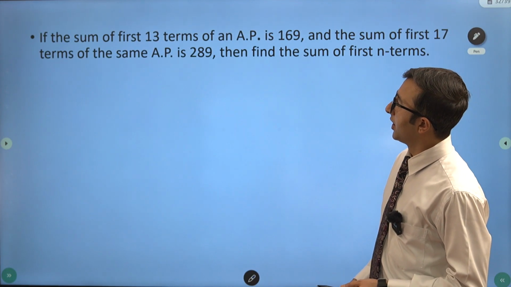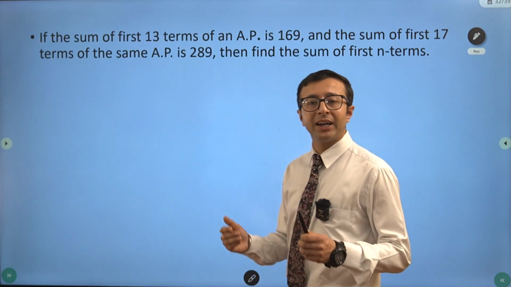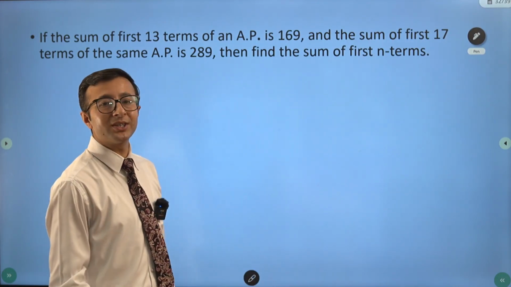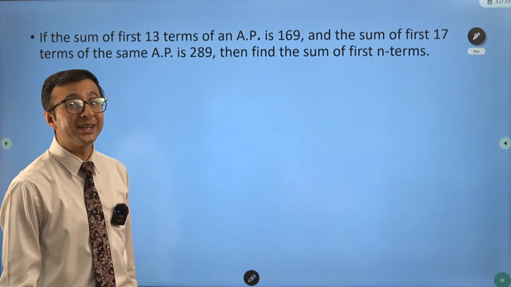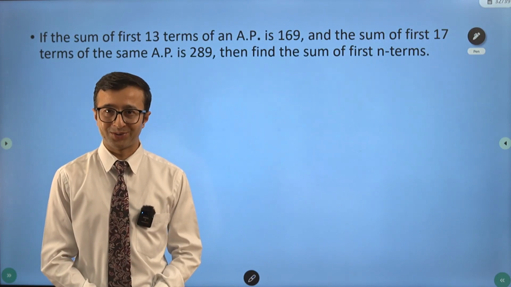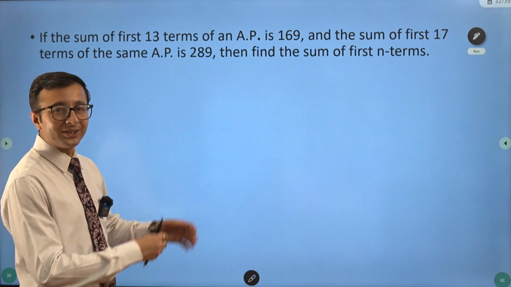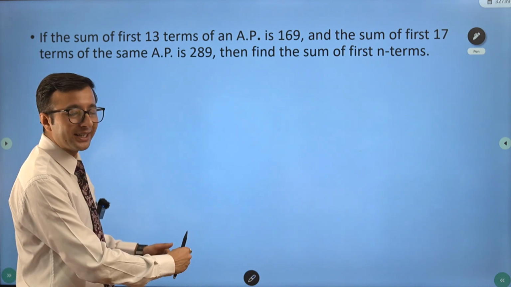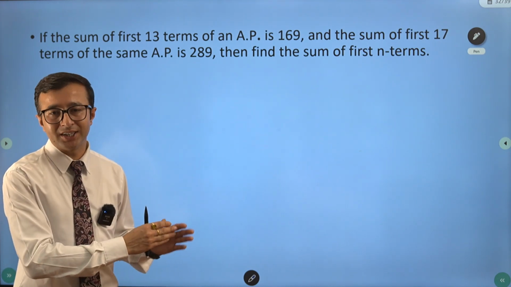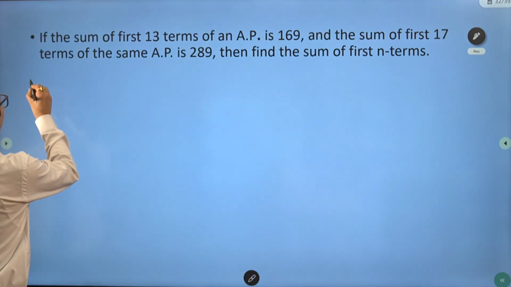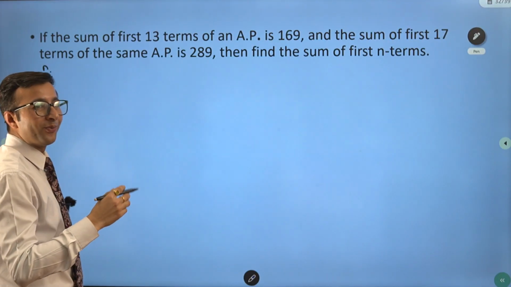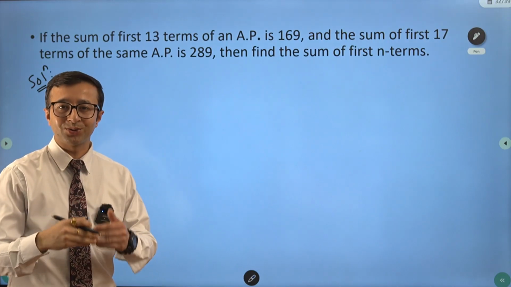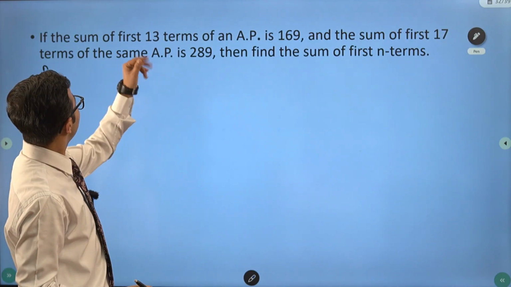So next question: if the sum of the first 13 terms of an AP is 169 and the sum of the first 17 terms of an AP is 289, then what will be the sum of its first n terms? Once we get to the end, this is a very interesting sequence. But before we reach the interesting one, we will first understand how to solve this problem. What is given to us?